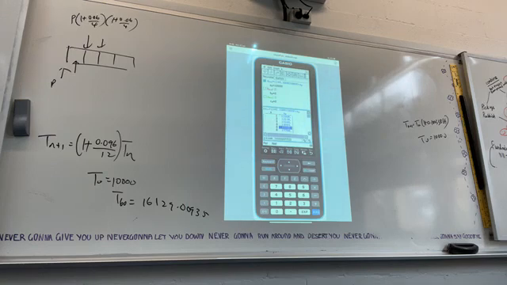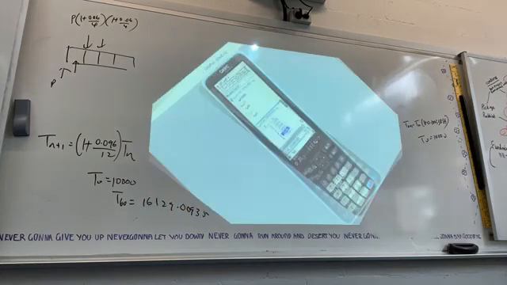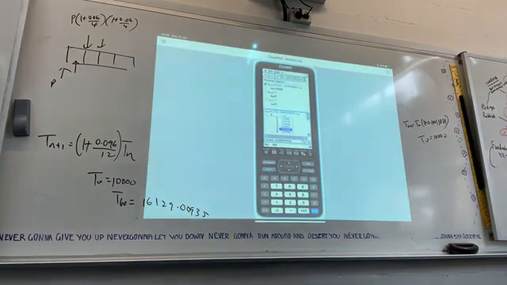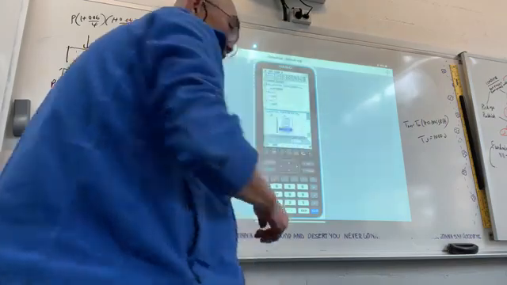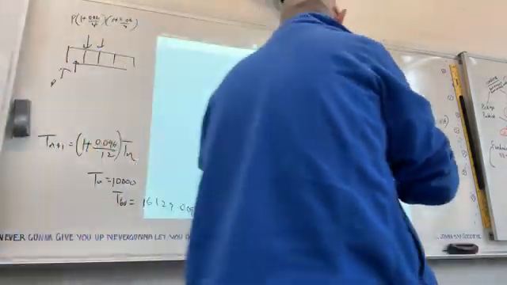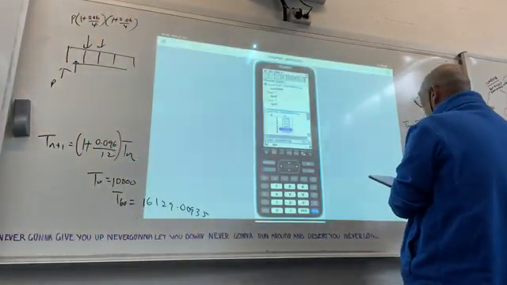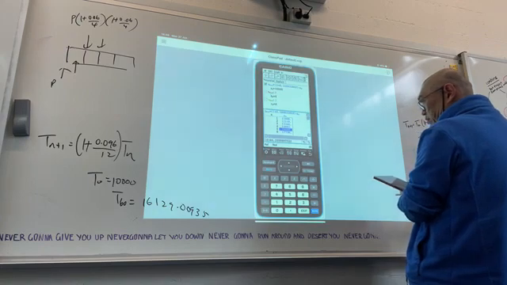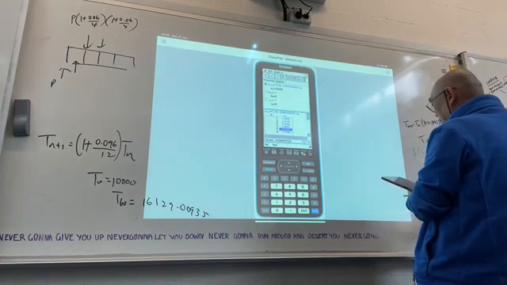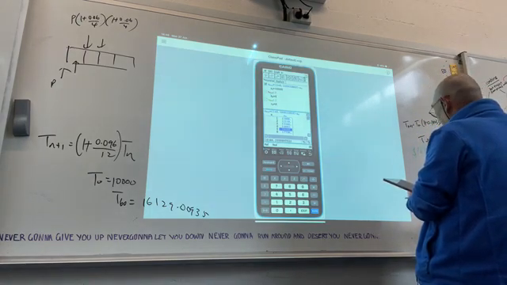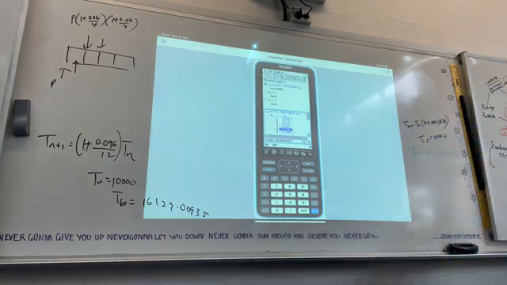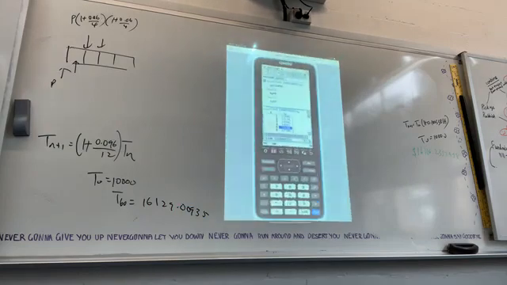16166. Alright? Unless I've typed that incorrectly, I think I might have. It's 16166.2359998. I'm checking my own answer, that's all.